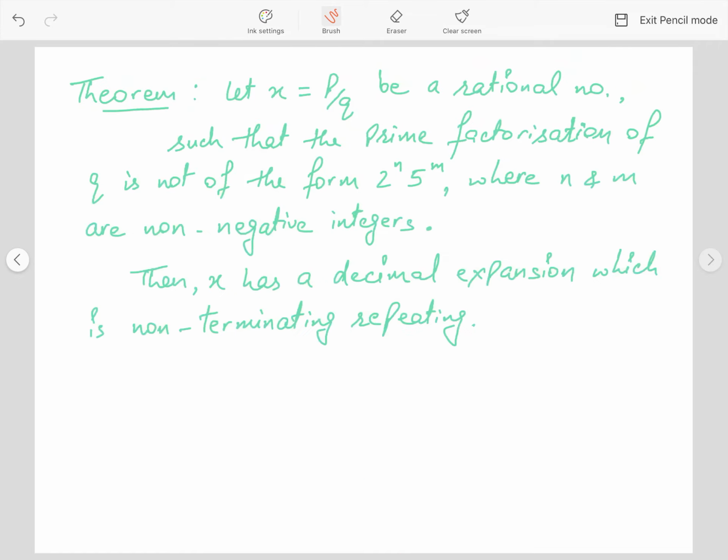So from this conclusion we can say in the form of a theorem that let x equal p by q be a rational number such that the prime factorization of q is not of the form 2 power n 5 power m, where n and m are non-negative integers. Then x has a decimal expansion which is non-terminating repeating.